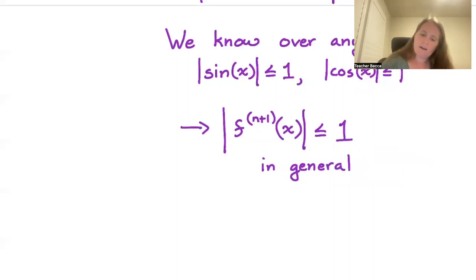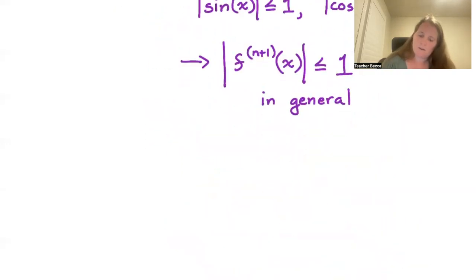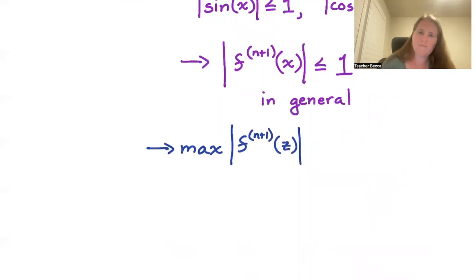So we can put that back here. If we want to find the max of that function, the max is no larger than 1 on any interval, so the max of the absolute value of the n plus first derivative of f of z is less than or equal to 1.